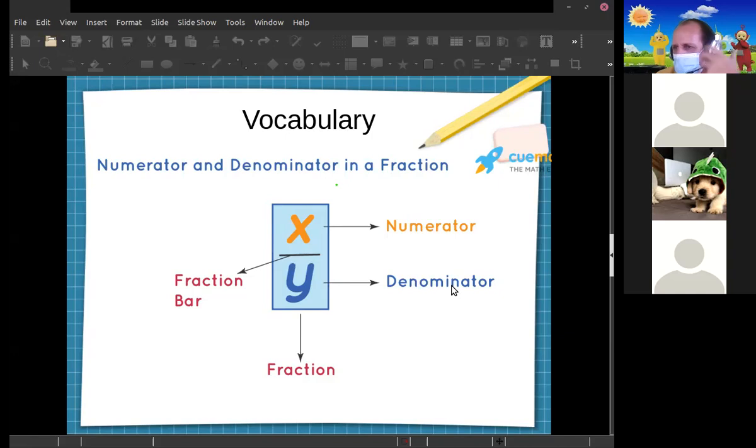If I write, okay, denominator is this number, numerator is this number, you have no clue which is a denominator and which is a numerator. So this is the reason we learn the vocabulary.